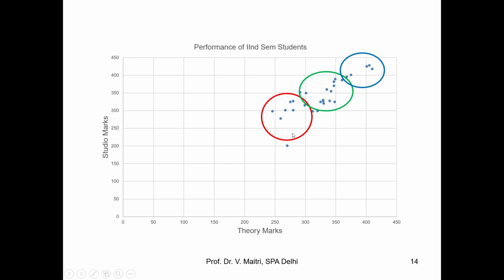So it means I have to take care in the next semester, this student in the next semester must jump from this circle to this circle at least. So if I divide the whole data into circles like this, diagrammatically I am very comfortable and understand who is getting how many marks and what their performance is.